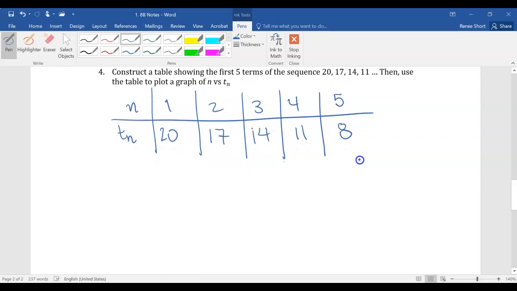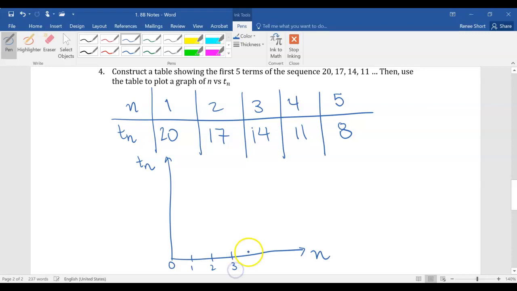Now, using this table to plot the graph of n versus Tn means that I will set up some axes. This horizontal axis we know is n, and that vertical one is Tn. And so if I label these here, I've got 0, 1, 2, 3, 4, 5. And we're starting at the highest is 20, so let's go 20, let's put in 10, and put in little marks to represent 5 and 15.